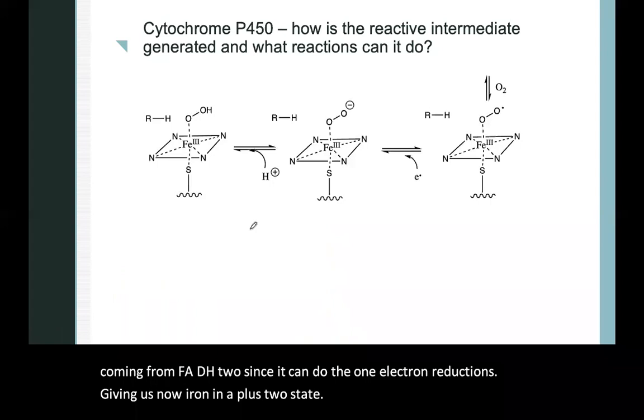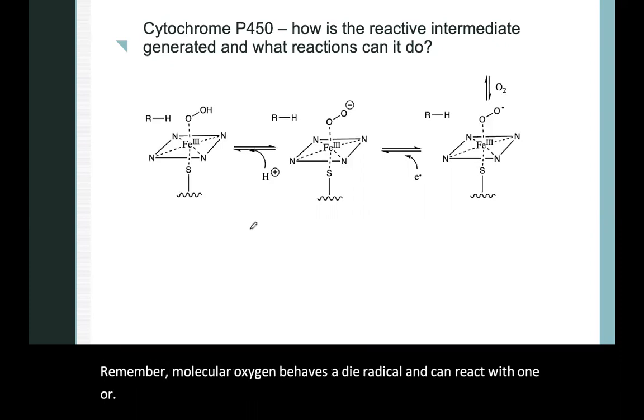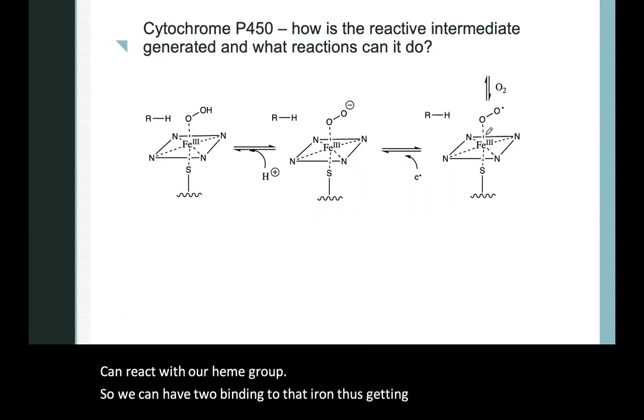Remember, molecular oxygen behaves like a diradical and can react with our heme group. So we can have O2 binding to that iron, thus getting back to our octahedral complex.